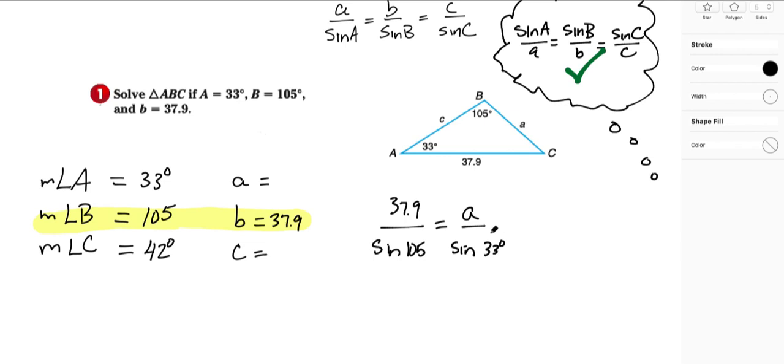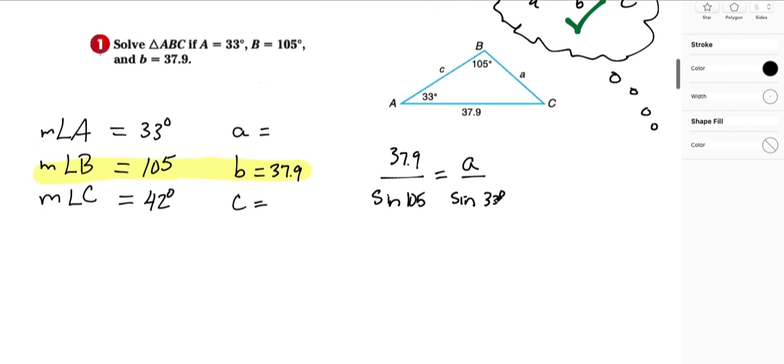You know how I like to do this? I like to make sure that when I'm done, all I have to do is make everything calculator ready. So I'm going to solve for A. When I do so, A is equal to the sine of 33 degrees times 37.9 divided by the sine of 105 degrees.